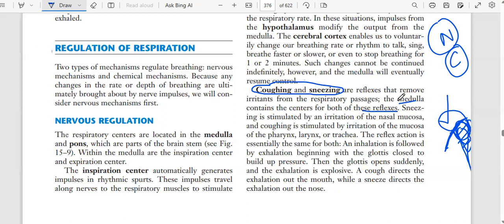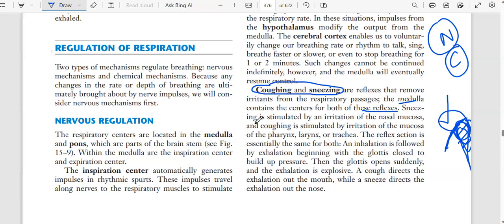Reflexes means that with the help of the medulla, it produces the impulse. There is something disturbing, and to remove it, it will throw it away from that area. So you have to activate all these things.